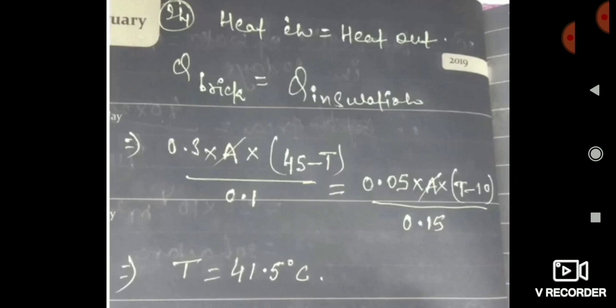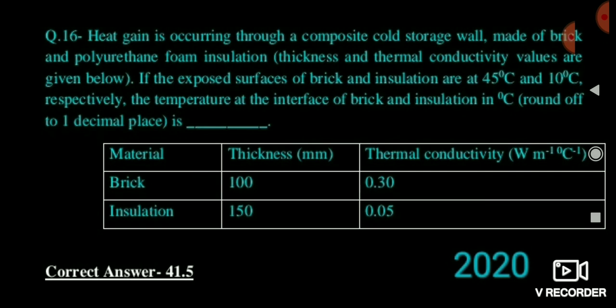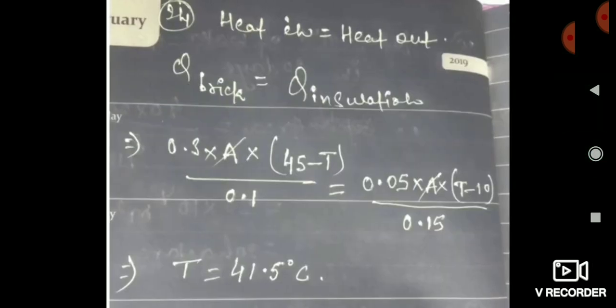Friends, I have told you initially in the concept of conduction that heat always flows from higher potential to lower potential. Means here you see that the exposed surface of the brick is at a temperature of 45 degree centigrade.